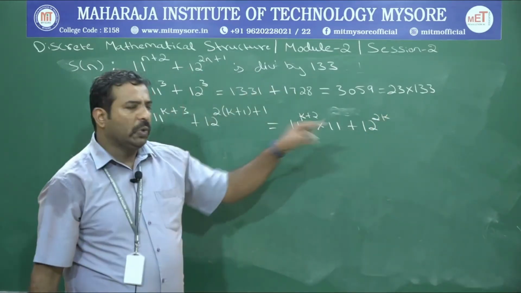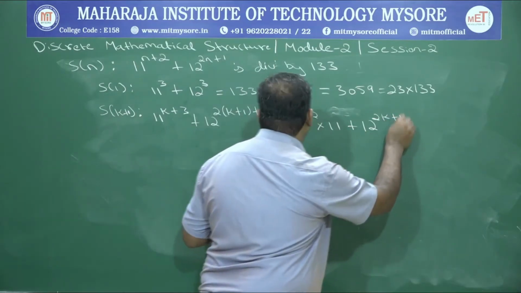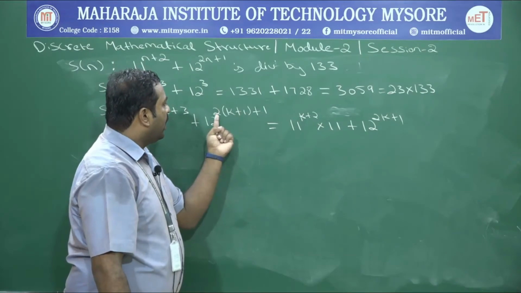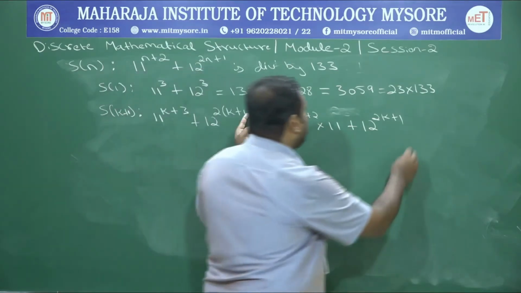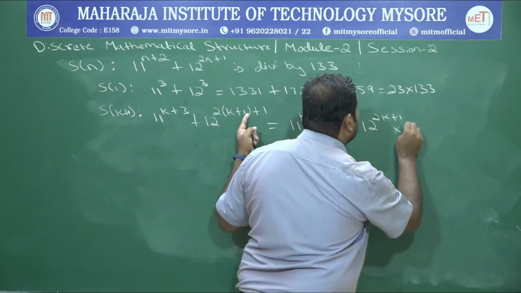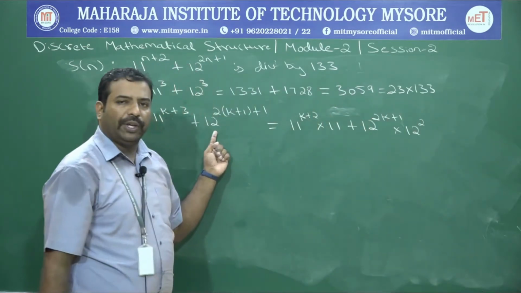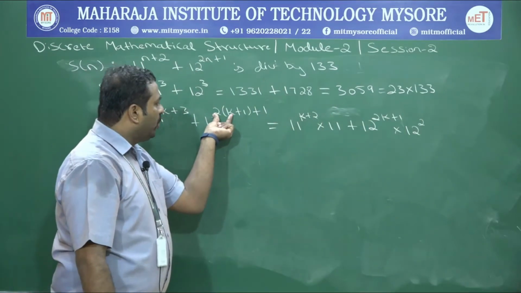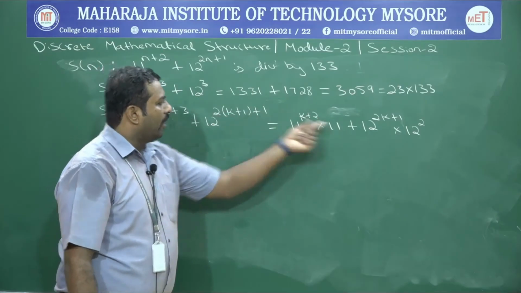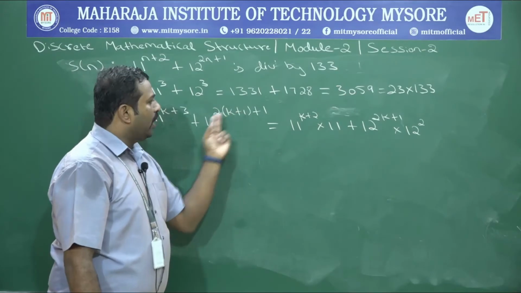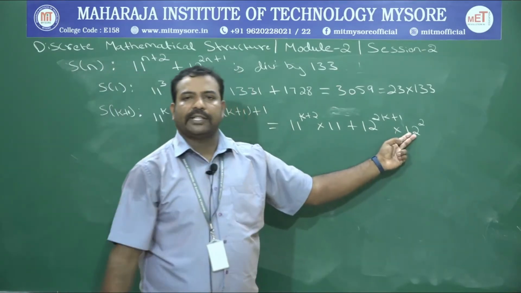For the 2k, I am going to have 2k plus 1, and 2k plus 1 into 2. I am going to split this as 12 to the power of 2. Now just observe what exactly I am doing here. 2 into k plus 1 as the first component, 12 into 2 into 1, that is 12 square, as the next component.